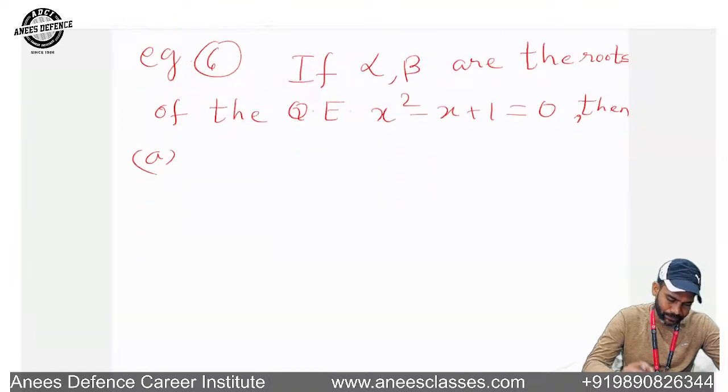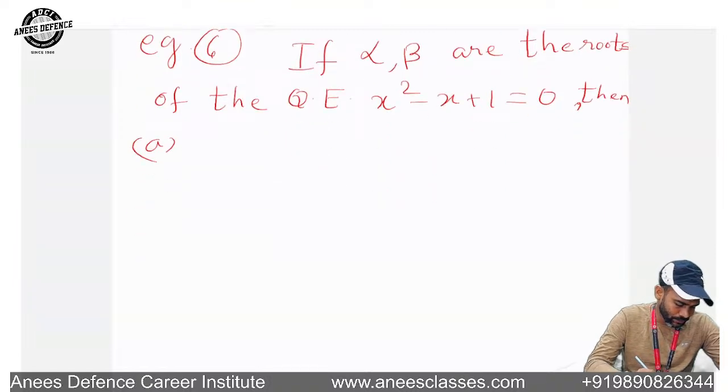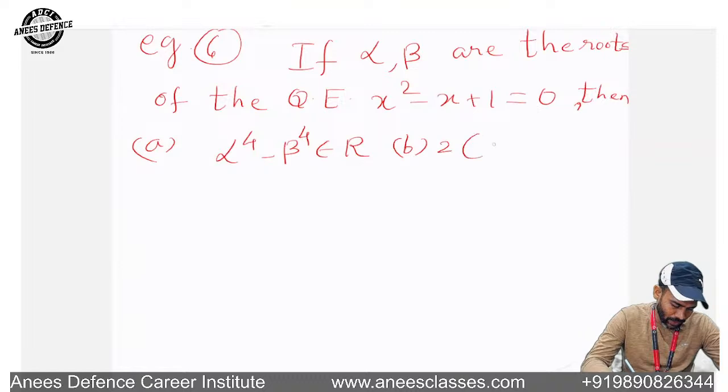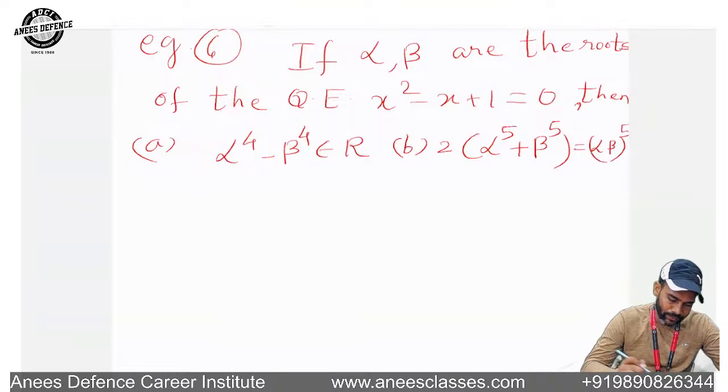A option is alpha raised to 4 minus beta raised to 4 belongs to R. B option, 2 times (alpha raised to 5 plus beta raised to 5) is equal to (alpha into beta) whole raised to 5.